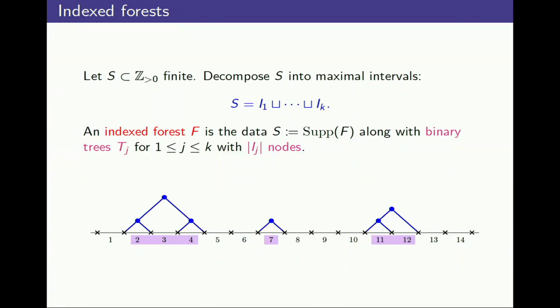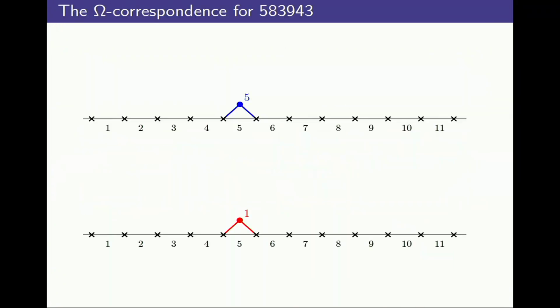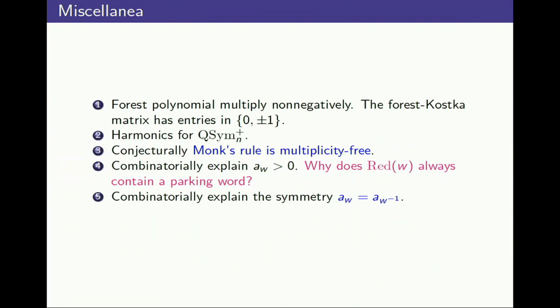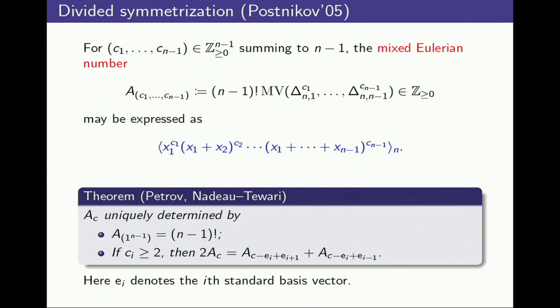You can compute mixed Eulerian numbers in the Chow ring of the permutahedral variety. They compute mixed volumes. So this is the answer I didn't give you.